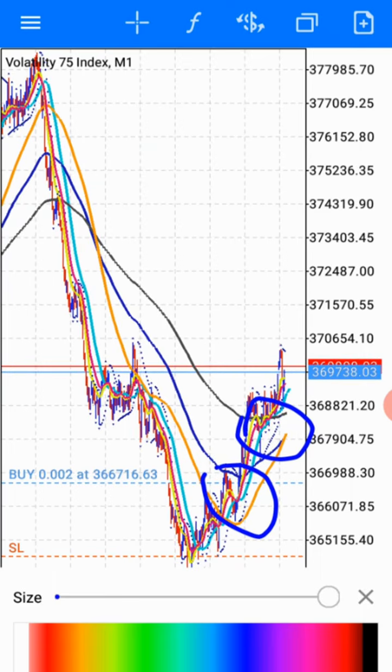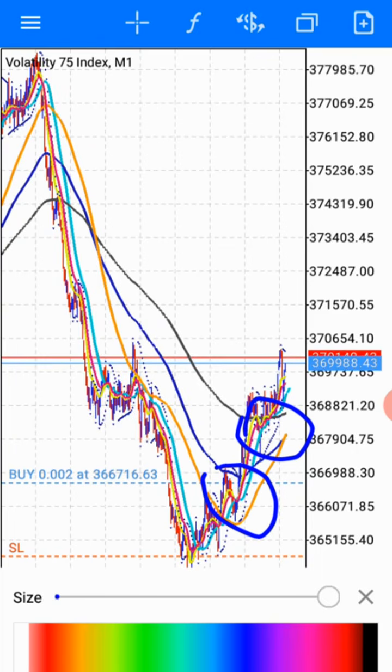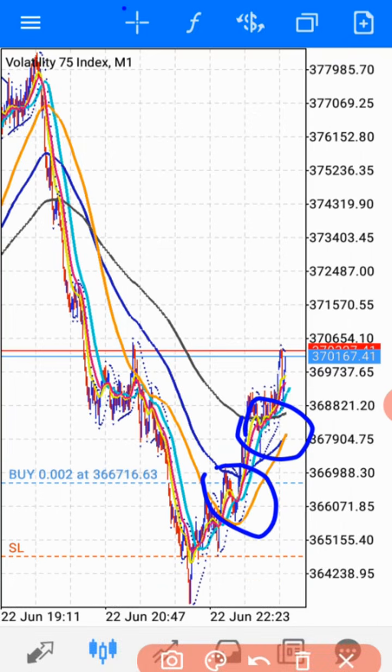When this blue moving average crossed this yellow, at the middle on top of our brown, the price was around black, so it came back again, boom, retest. You see what I'm saying? Then it went bang bang bang.